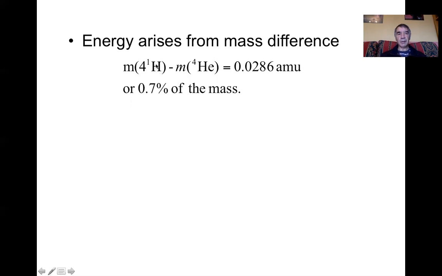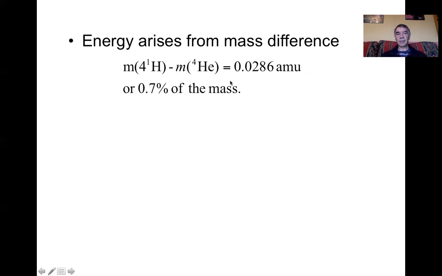But for now, if you look up the mass of 4 protons and compare it to the mass of 1 helium-4 nucleus, you see that there's a slight difference. AMU here stands for atomic mass units, the usual units that you measure nuclear masses in. A little bit of mass disappears during the reaction when you fuse 4 of these to form 1 of these.